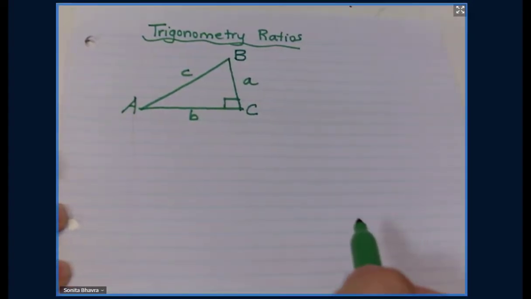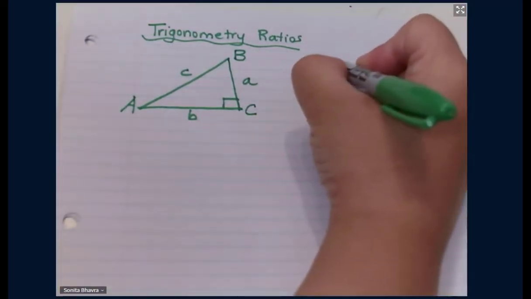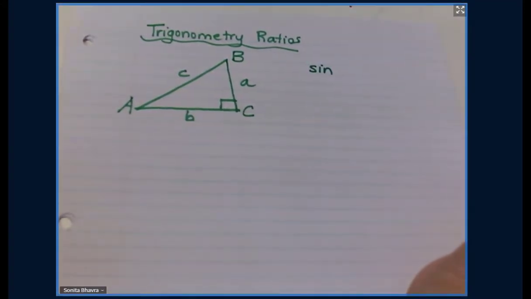All right, now when we're looking at our three trig ratios, the first one is called the sine ratio. And all three ratios are based on the angle that you're using.